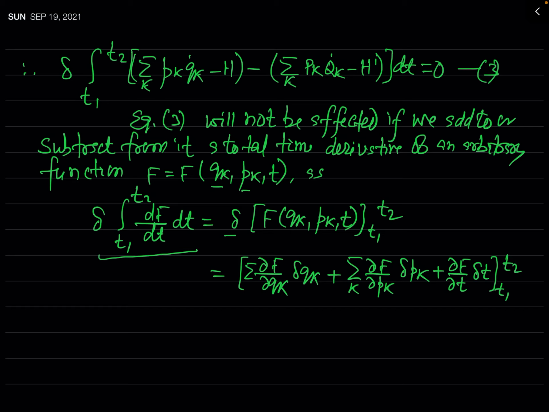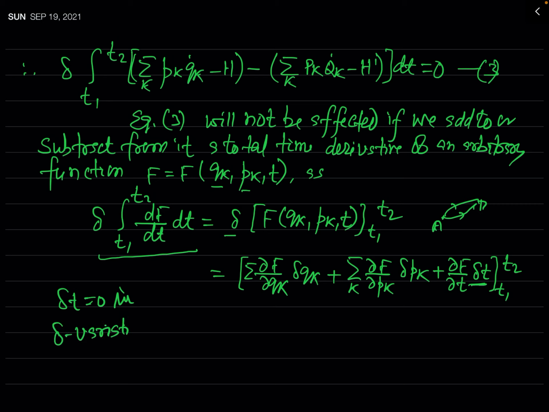But as you know, this delta t is equal to 0, because in delta variation, the times are the same for all paths. If you move from point A to point B along these two paths, the times for both paths remain the same.